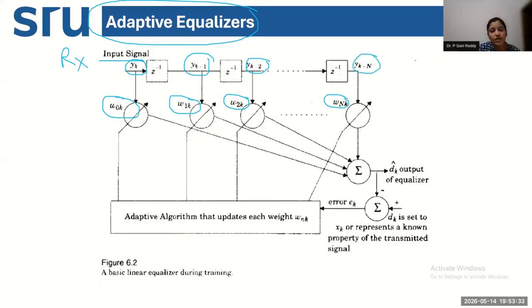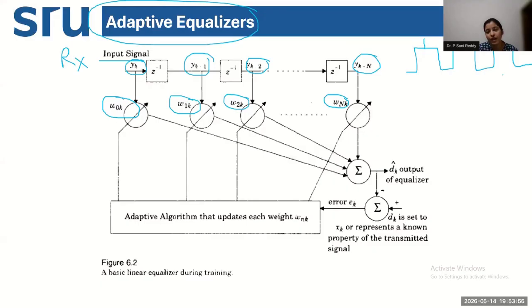Okay, so what is this k minus 1, k minus 2, k minus n? This is nothing but the previous symbol. I have explained this last day also. Suppose you have a symbol train like this, multiple symbols transmitted here. So this is 1, this is 1, this is 1.